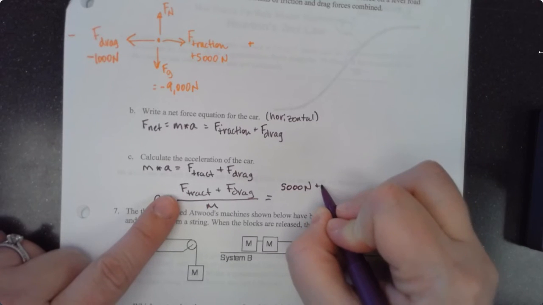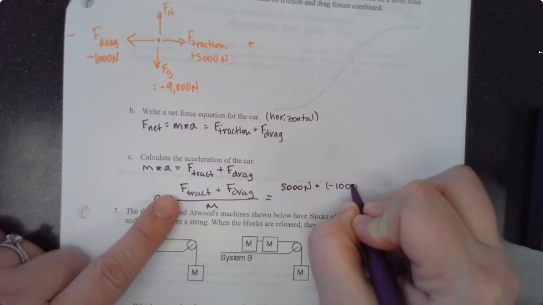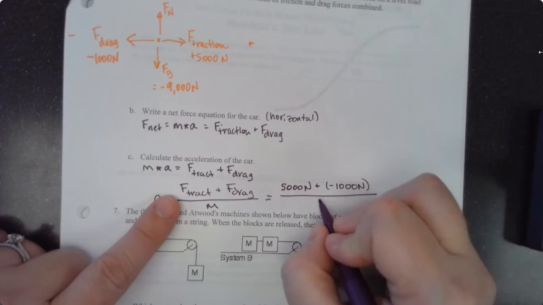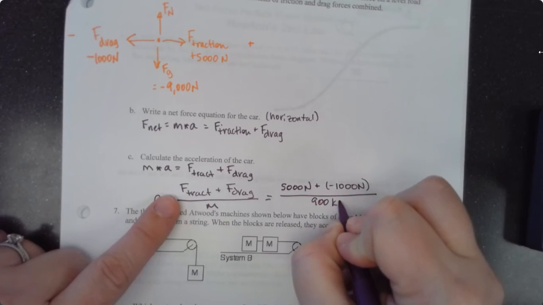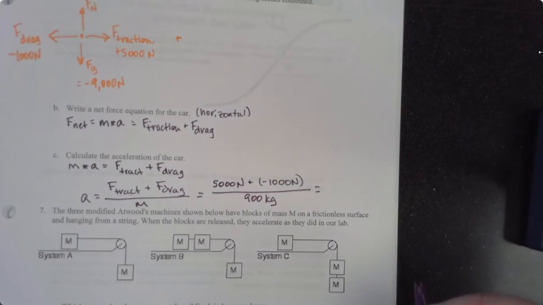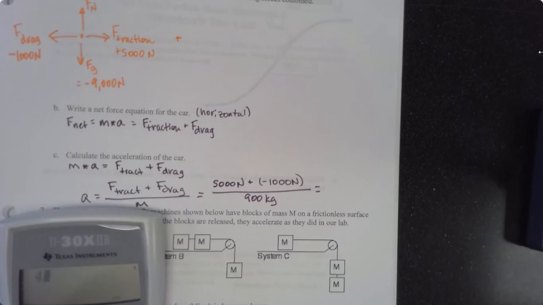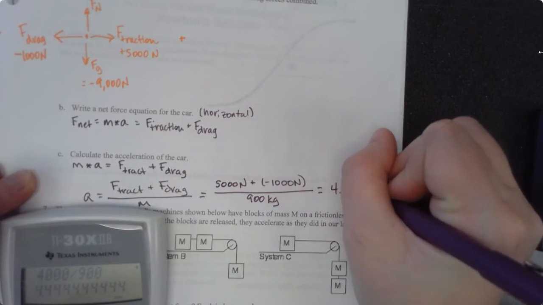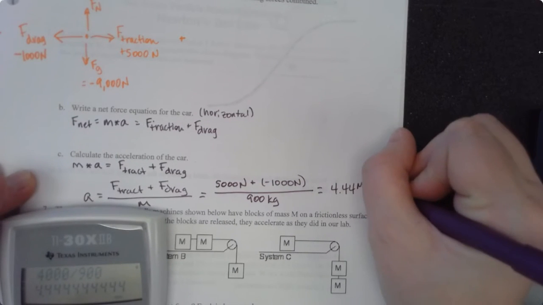Drag is going to be minus 1,000 newtons. And that's going to be divided by the mass of the car, which is 900 kilograms. And again, we're looking for an acceleration, so I know my units will be meters per second squared. I'm going to have 4,000 divided by 900. And I'm going to end up with 4.44 meters per second squared.